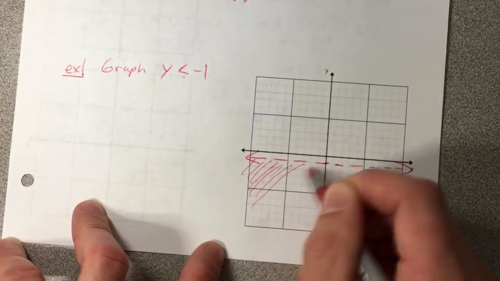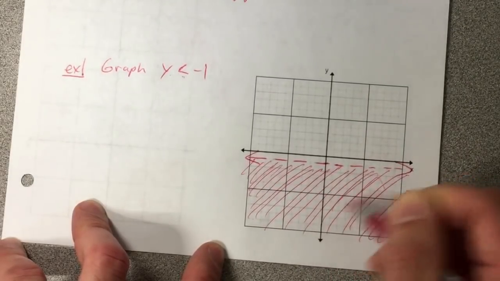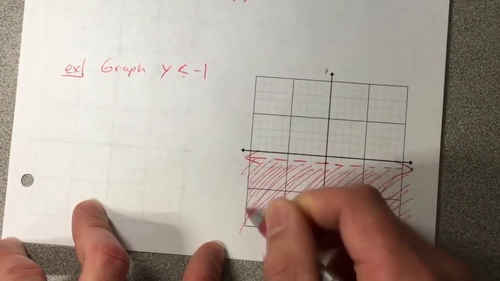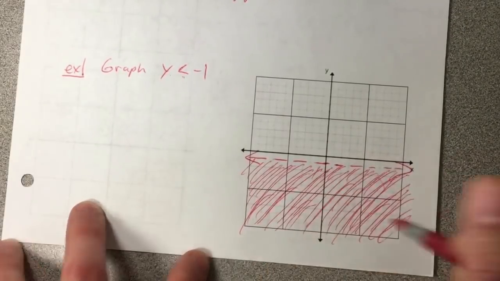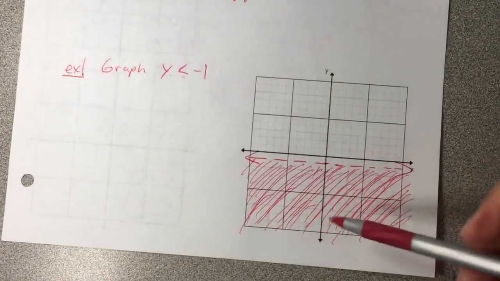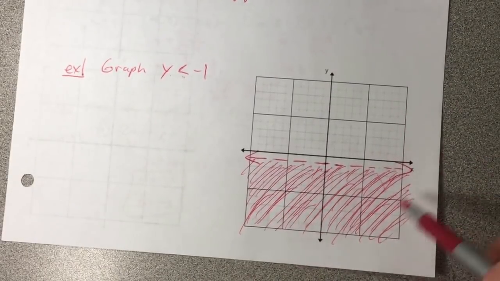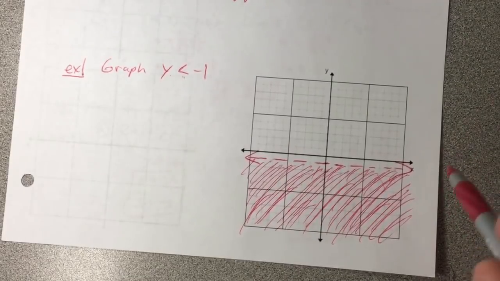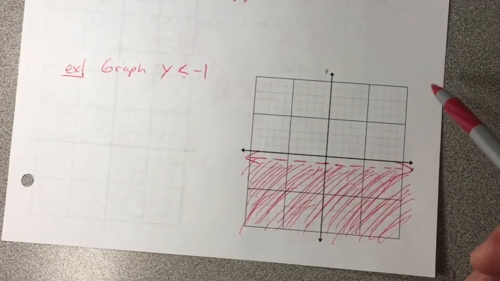And I just kind of like to just shade it real quick. Be careful not to cross your boundary line. You know what I mean? But you do want to get right up next to it, and you just shade. And it makes sense to me that you would shade below. But later on, if you go into more involved mathematics, on some instances you're going to have to use a test point.